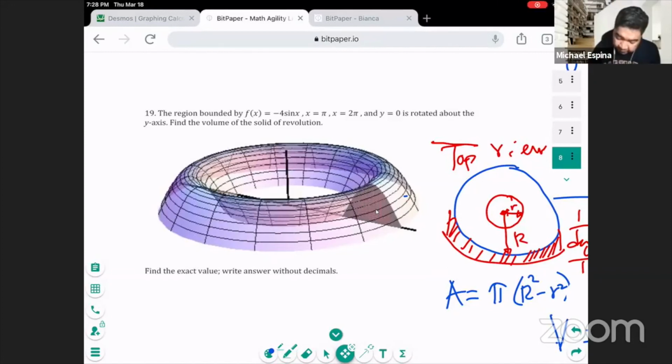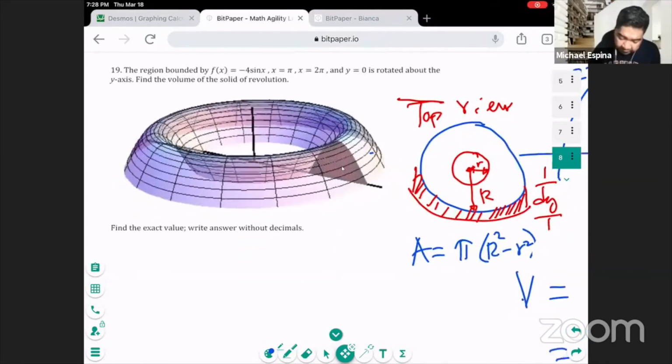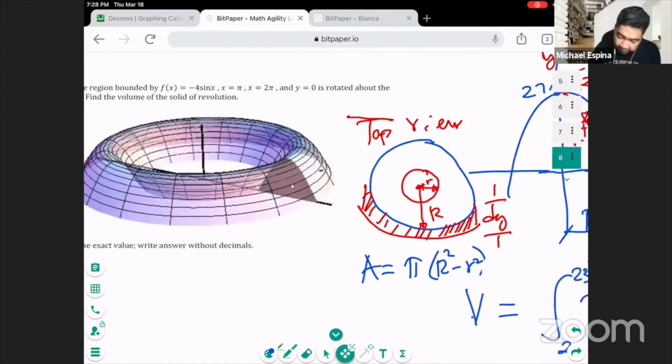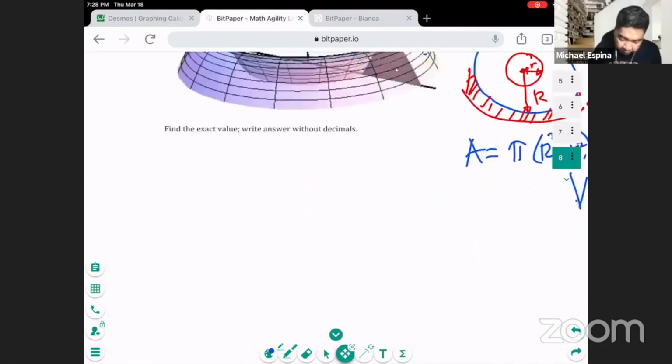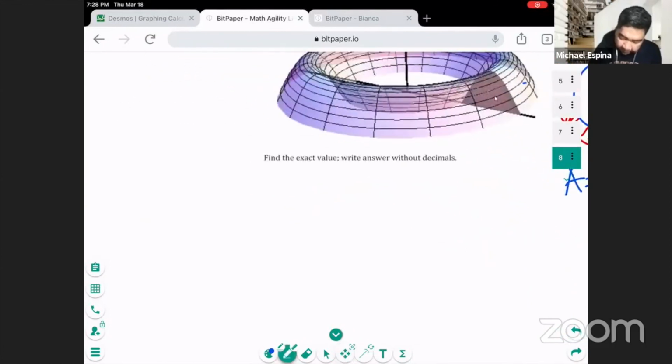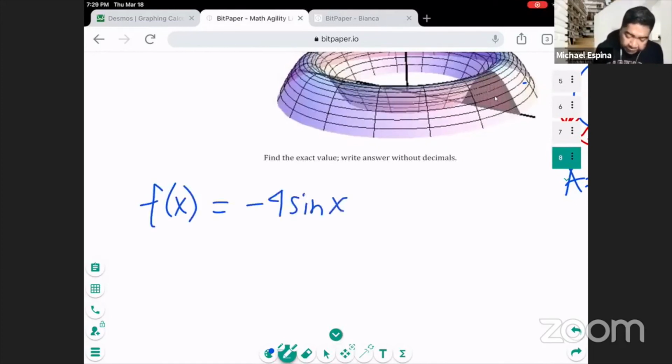So, let's write it here. Our f of x given is negative 4 sine x, which is a trigonometric function, and then x equals pi, and the other one is x equals 2 pi.